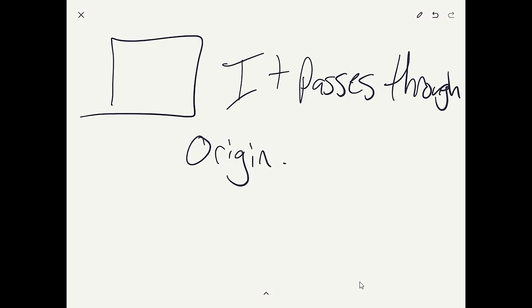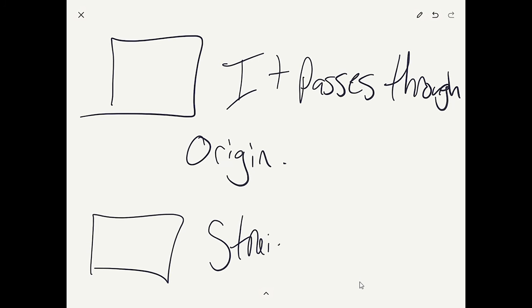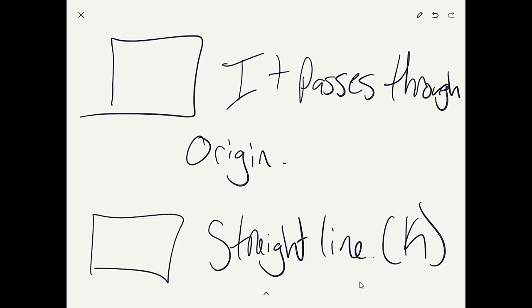These are our requirements. And the next checkbox it's got to meet is what? It has to be a straight line. Why did I put the letter K there? Constant, because I'm not saying K like good job.